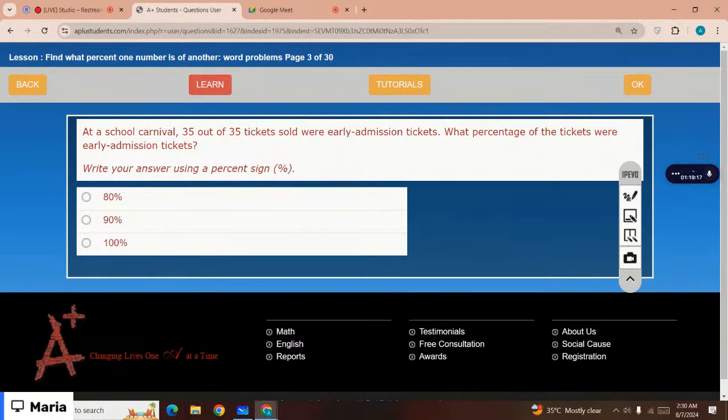What percentage of the tickets were early admission tickets? 100% it is, right. The correct option is 100% it is.